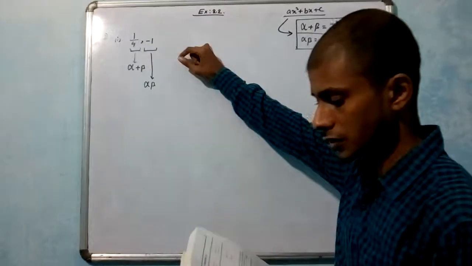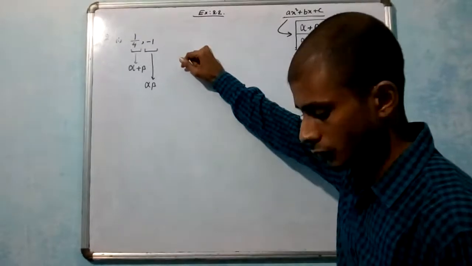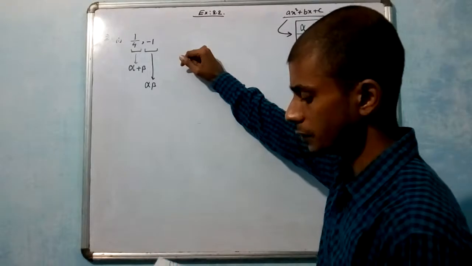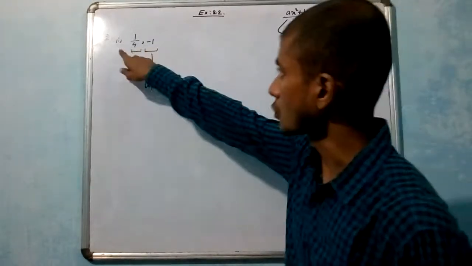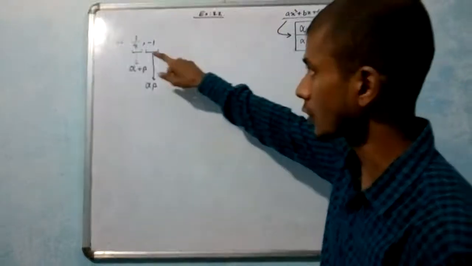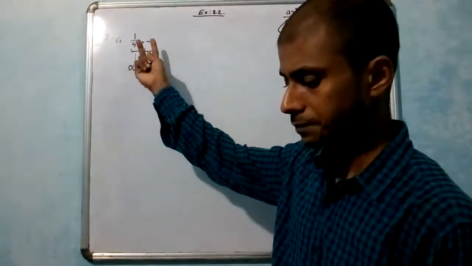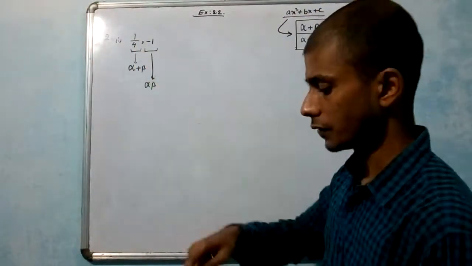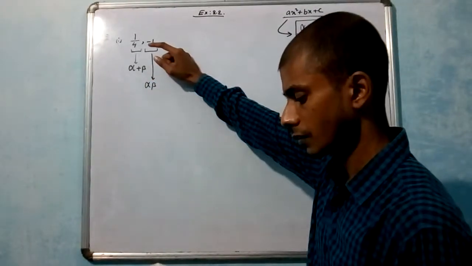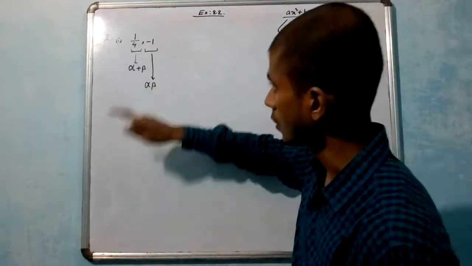See, read the question. Given numbers means, of the first question, this 1 by 4 comma minus 1, one given number, then second, then third, like that. So each of the given numbers has two numbers in it. So what these two numbers are? Given numbers as zeros respectively.